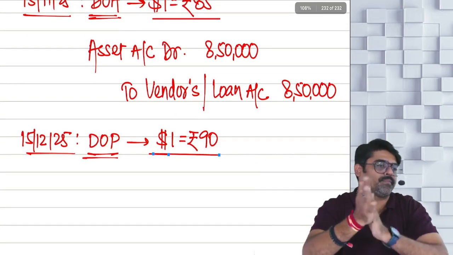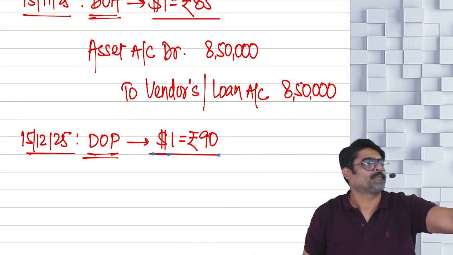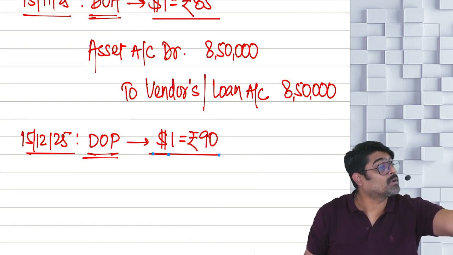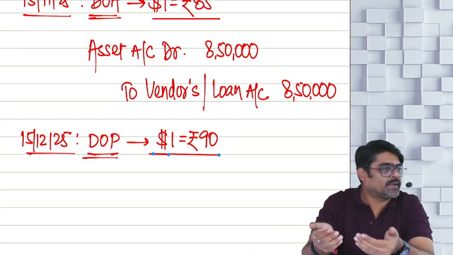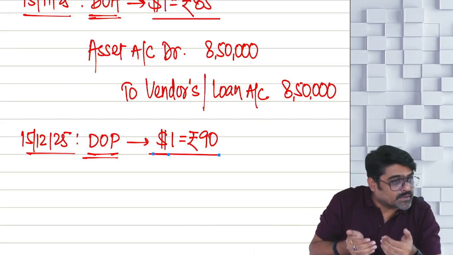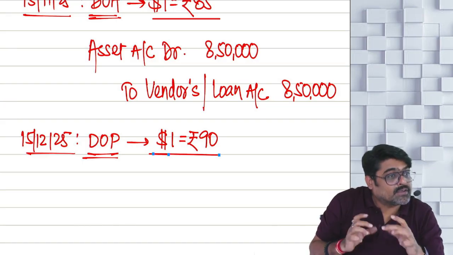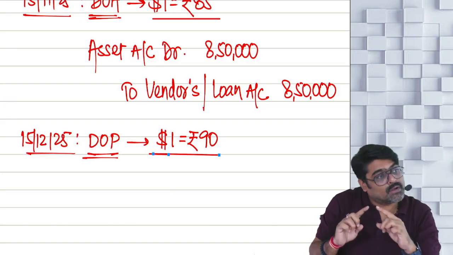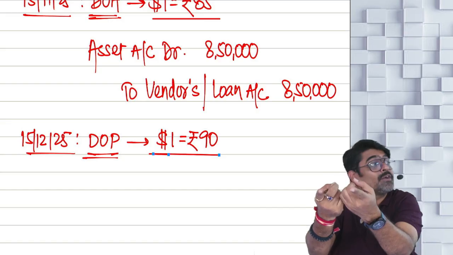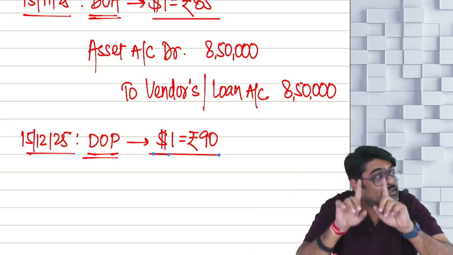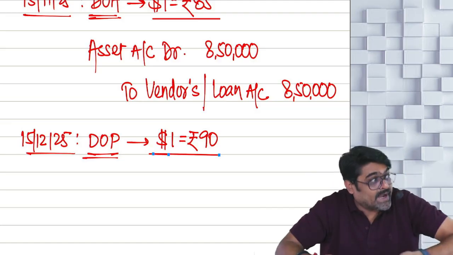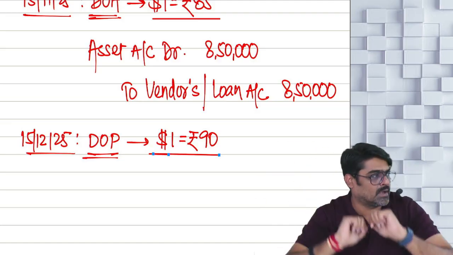You are going to make the payment of $10,000, because you have taken an asset worth $10,000. So the vendor has given you a credit of $10,000. You are supposed to give him $10,000. Yes or no? Loan you have taken $10,000. So you are going to return $10,000.